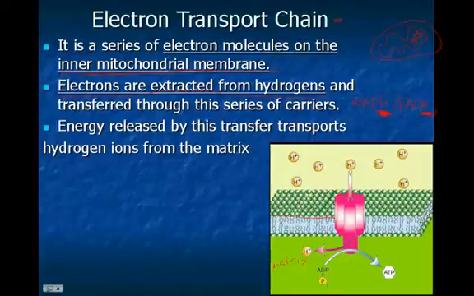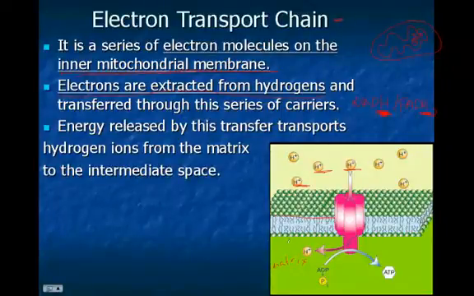So the energy released by that transfer of electrons is going to transport these hydrogen ions from the matrix to this intermediate space, the space in between these membranes here.